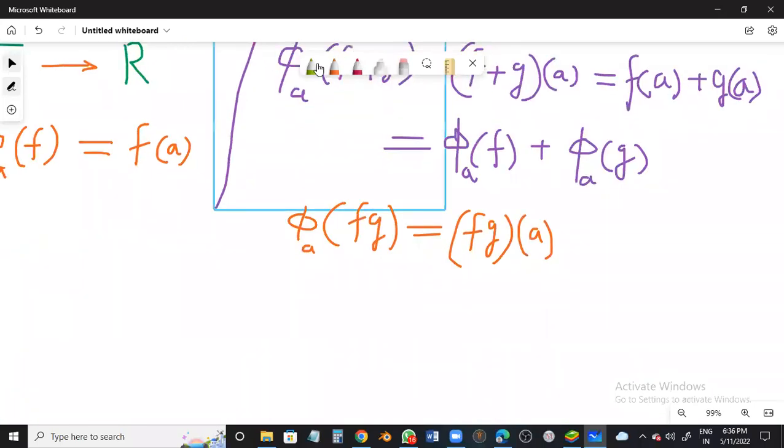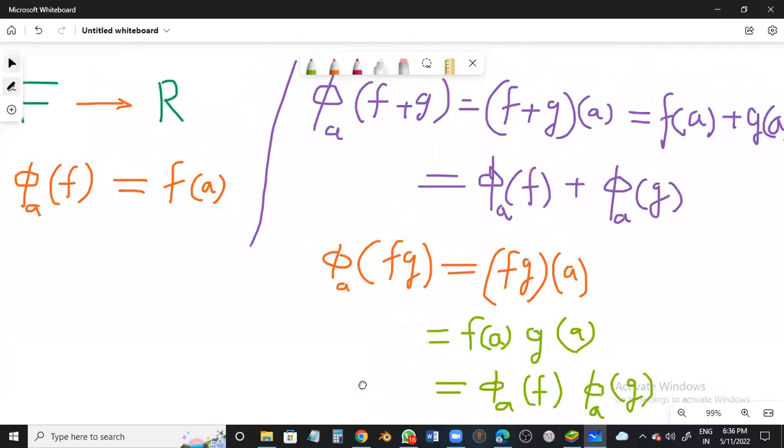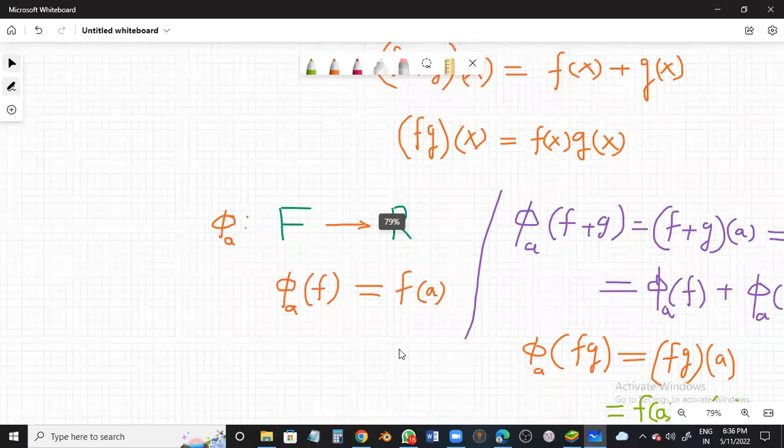So we get F of A into G of A, which I can read as phi A of F multiplied by phi A of G. So multiplication is also preserved under phi A. Whatever map we just defined as phi A is known as the evaluation homomorphism. So it's a homomorphism, as you can see.